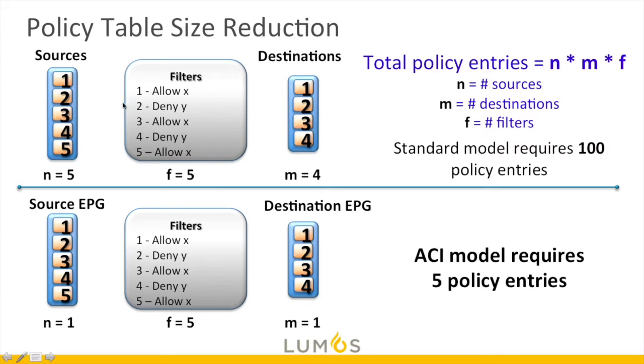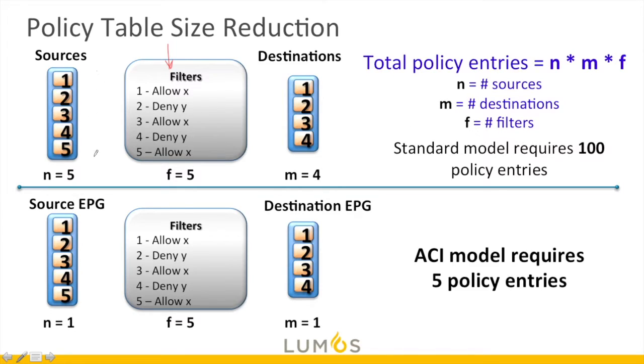So in traditional networking, we have 5 endpoints. These are VMs or physical hosts. They have 5 sets of IP addresses, 5 sets of MAC addresses, etc. And we do filters, and then we have 4 different destinations.